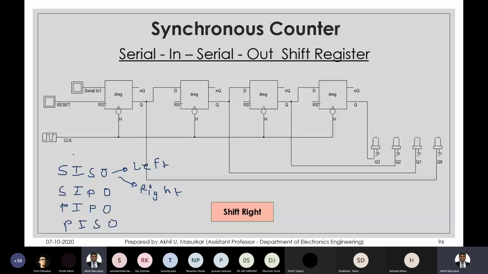Next semester, I think you have not yet done microprocessor, but in microprocessor there are some instructions called rotate left and rotate right. To implement these instructions, you should have a hardware like what you are seeing on the screen. That is basically your shift registers. Shift registers are also used for temporary storage of data. Let us say you have a LAN controller.